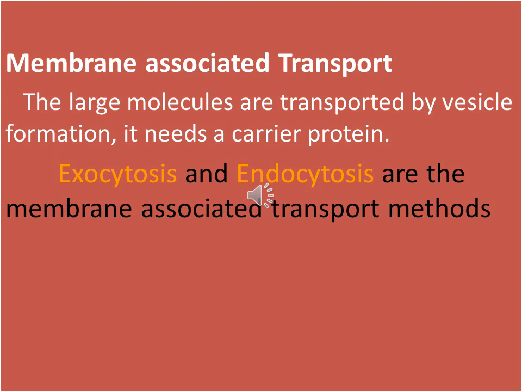The molecules are transported by vesicle formation, and this method is considered a form of active transport because they need chemical energy to do so. There are two types of membrane-associated transport, which are exocytosis and endocytosis.